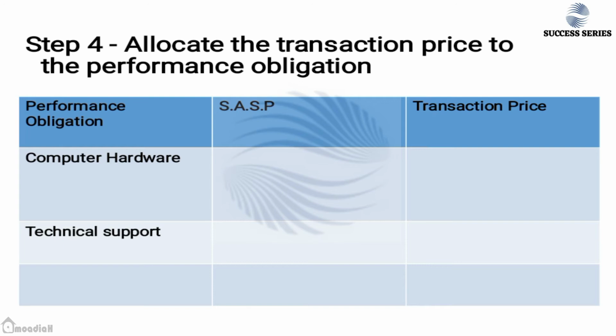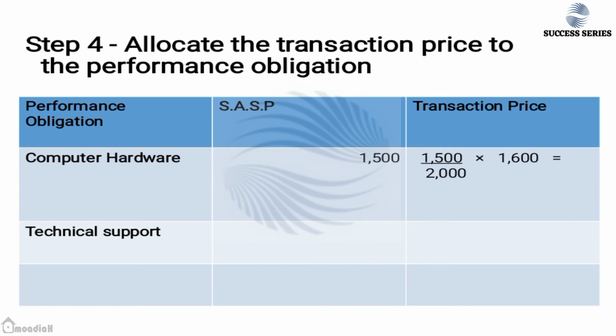Standalone selling price here is the price for each of the performance obligations, the amount that each performance obligation will be sold for in the ordinary course of business. For the computer hardware in the question, we were given that its standalone selling price was 1,500.